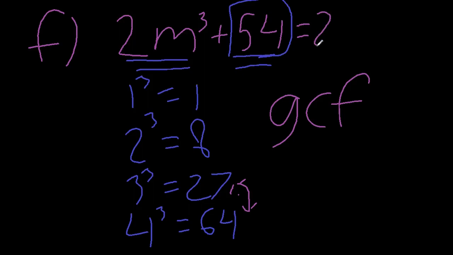So I'll take out the GCF of 2, and I'm left with m cubed plus 27 on the inside. So I'm going to go ahead and copy that problem down here where I have more space. 2 times m cubed plus 27.